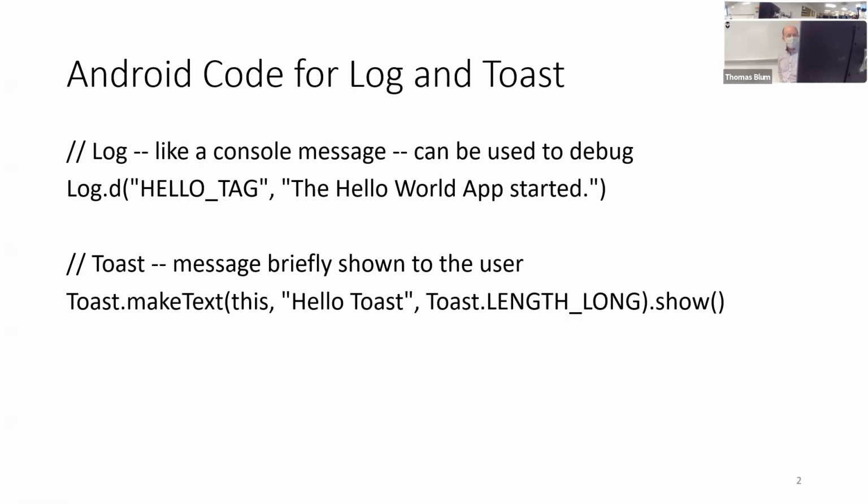And when this doesn't work, it's hell, but this is a simple thing. So right now it worked. Hello toast is the message. So there was the context in which you want the message to pop up, and the message that you want to pop up. And again, this is where you might concatenate some value or something. And then the third argument is how long you want it to show. And then you always have to say .show, or it doesn't show.